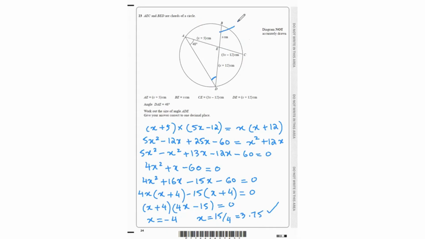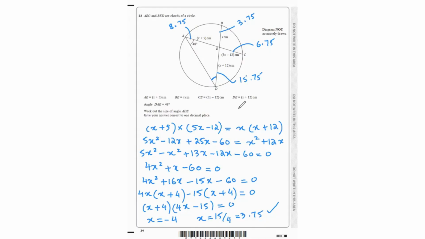So this is 3.75. This is going to be 3.75 plus 5, which is 8.75. And this one is going to be 5 times 3.75 minus 12, which is 6.75. And this one is 3.75 plus 12, which is 15.75.